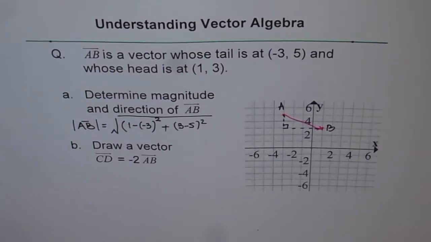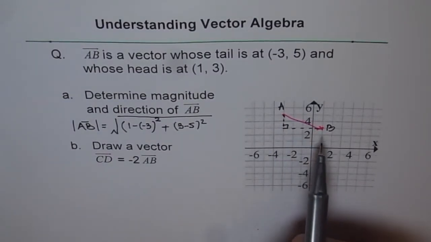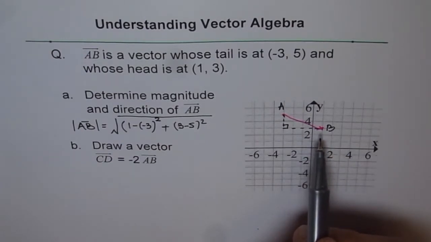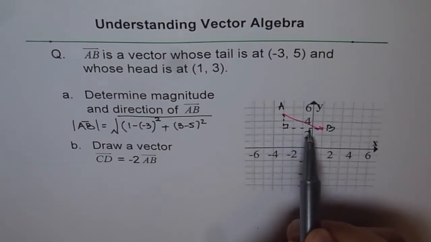Now, to draw a vector, that is part B, CD, which is 2 times AB, how should you do it? You can think like this: this is one vector and then add one more to it. So how did you get this vector? From here to here, it was going down by 2 units, 1, 2, and then 4 units to the right, correct?